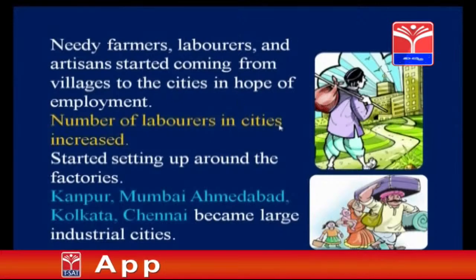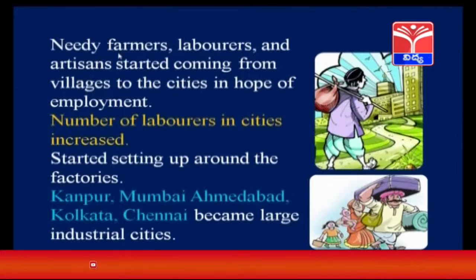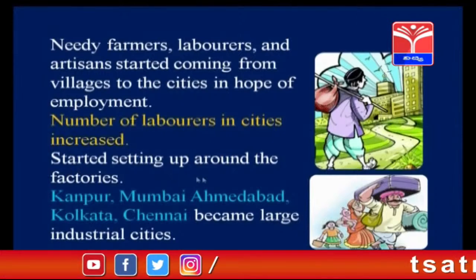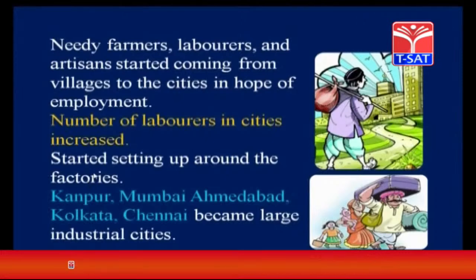The number of laborers in cities increased. Factories were also being set up, and these farmers, laborers and villagers who came from villages started settling around the factories. You learnt this also in your industrial revolution.